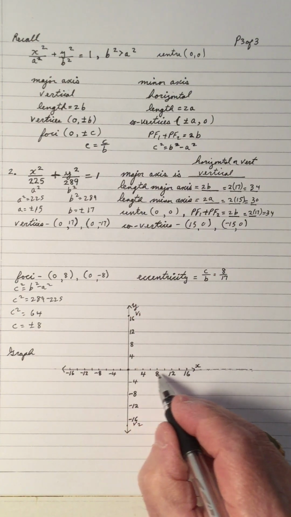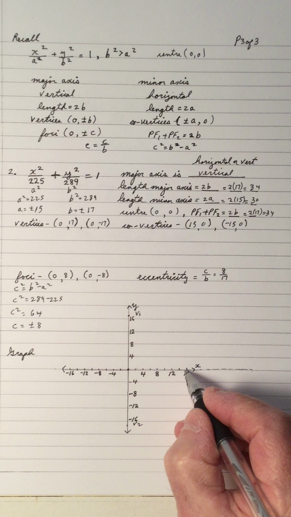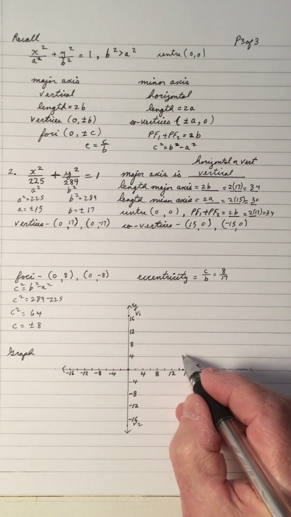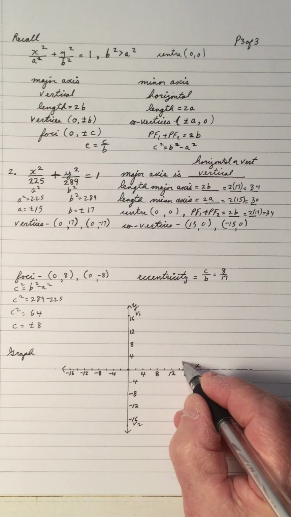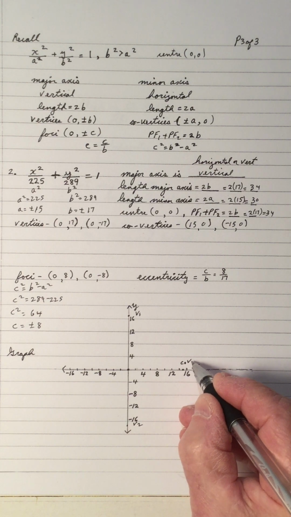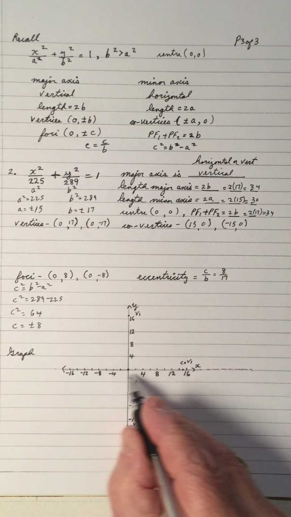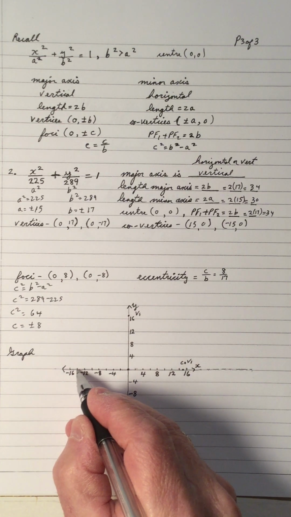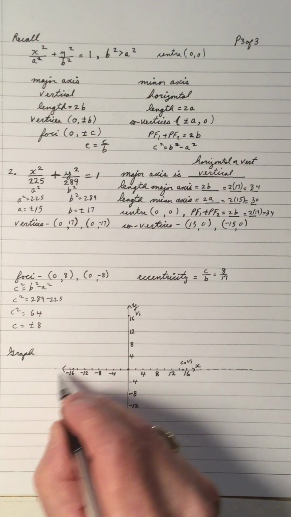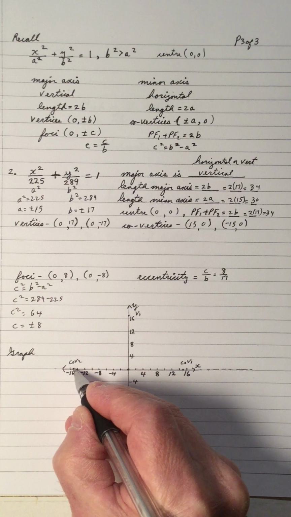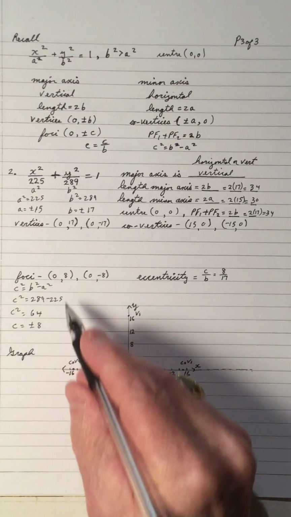So x is 15, let's say 15, 0 is right there. I'm going to mark COV, co-vertex 1. And we got a negative 15, right there. So that's COV2 right there.